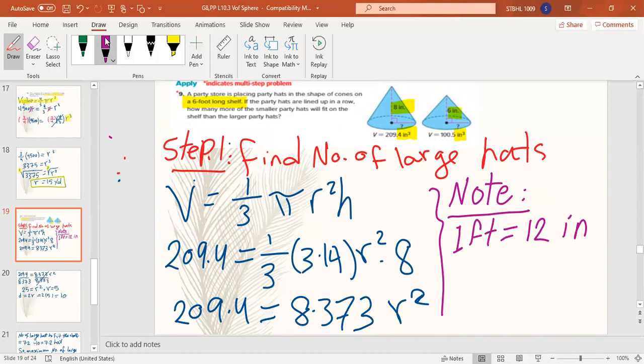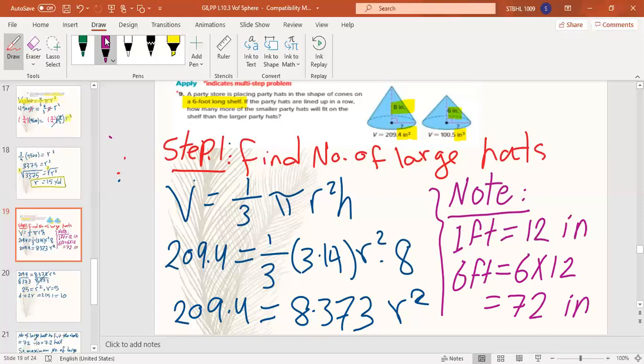So 6 foot equals 6 times 12 equals 72 inches. Why, teacher? Because all of the given units in the figure are inches, and I have to give the same unit to the shelf and the figure.